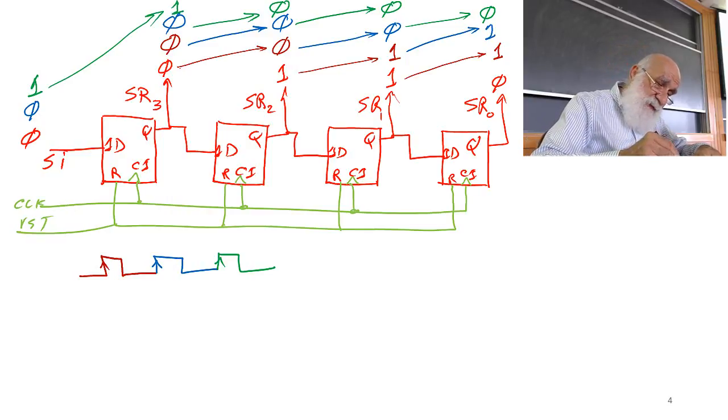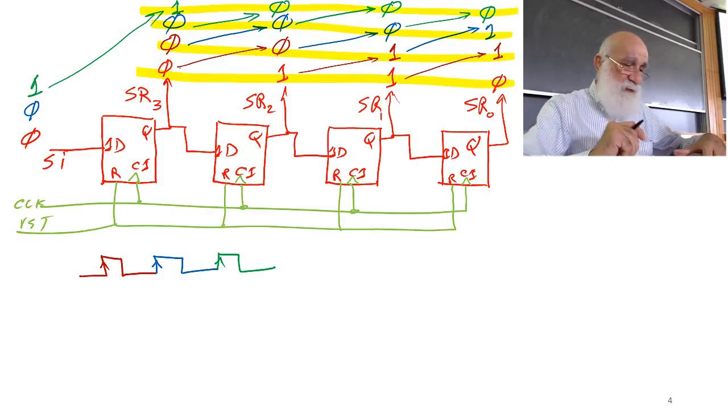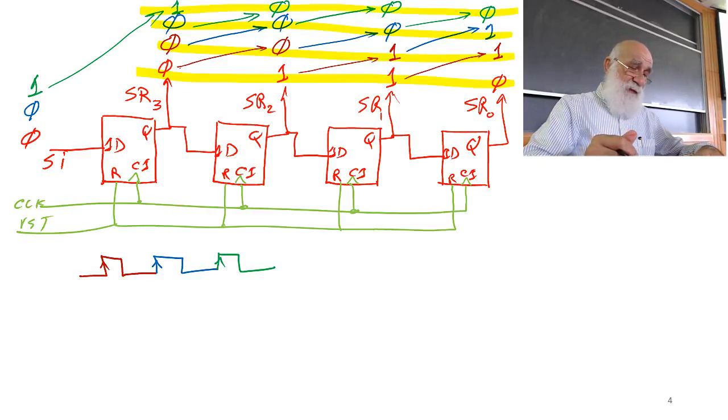What happens is you start with this, then you go to this, then you go to this, then you go to this. So you start with 0, 1, 1, 0, then becomes 0, 0, 1, 0.